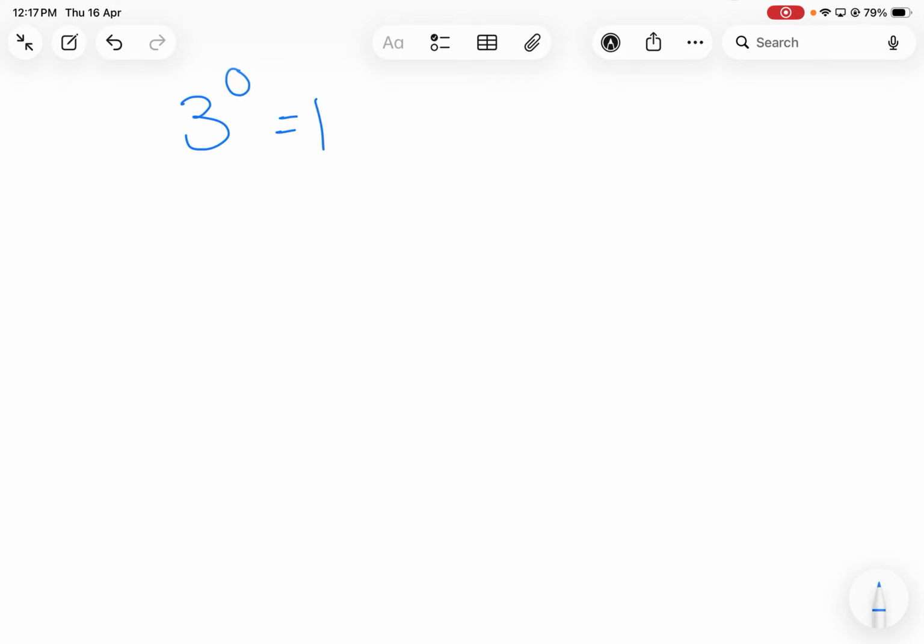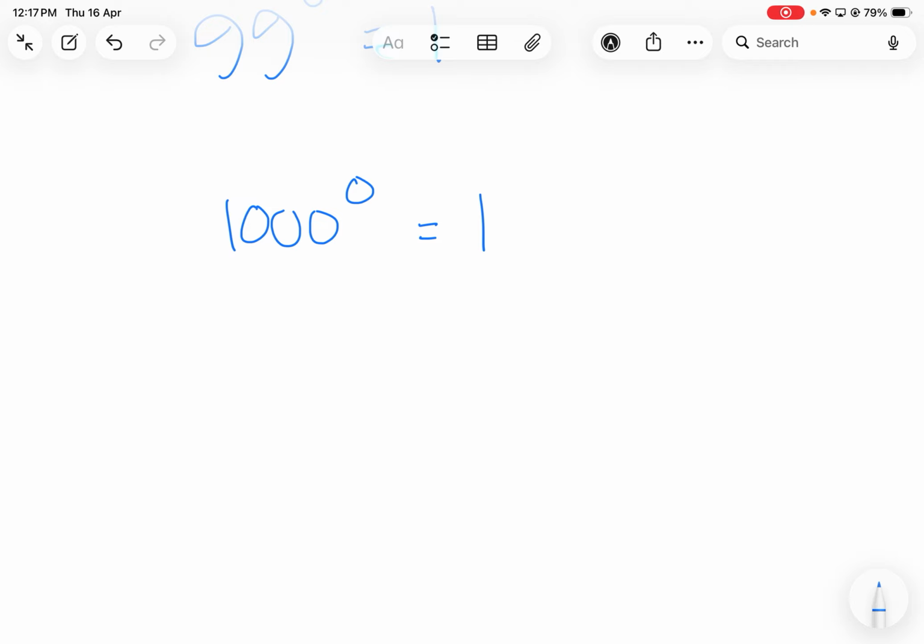Logan. 99 to the power of 0. 1. Katrina. 1000 to the power of 0. 1000 to the power of 0 is 1.